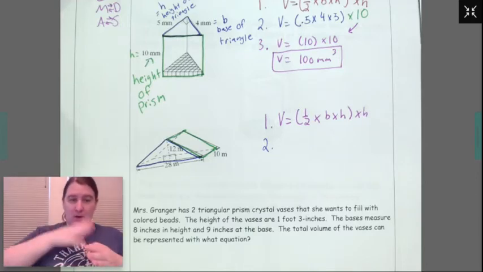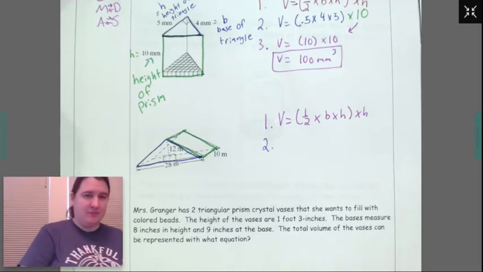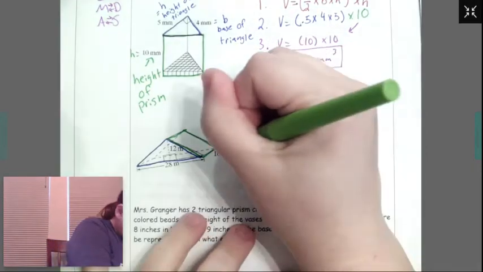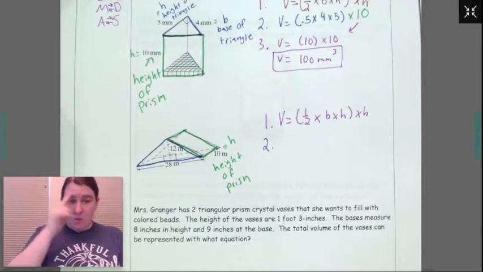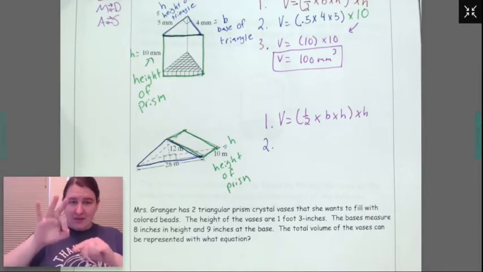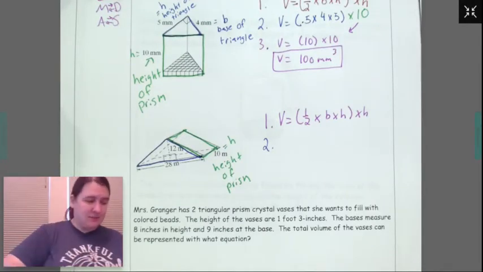Okay, so I found my prism, which is 10. For my triangle, I need to find the base and the height.